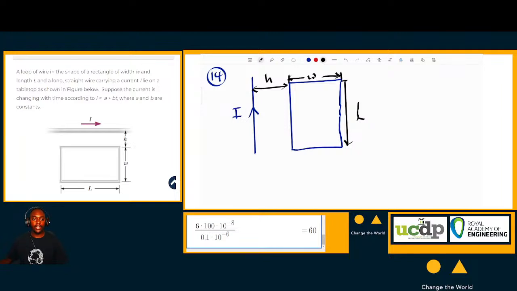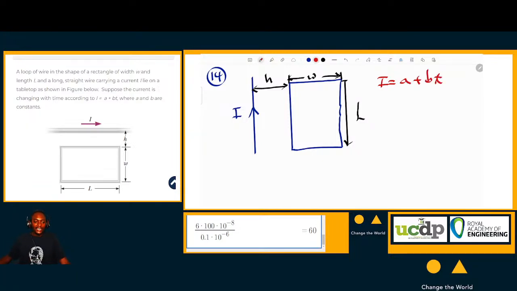So it says a loop of wire in the shape of a rectangle with width W and length L and a long straight wire carrying a current I lie on a tabletop as shown in the figure below. Suppose the current is changing with time, so your I is equal to A plus Bt.